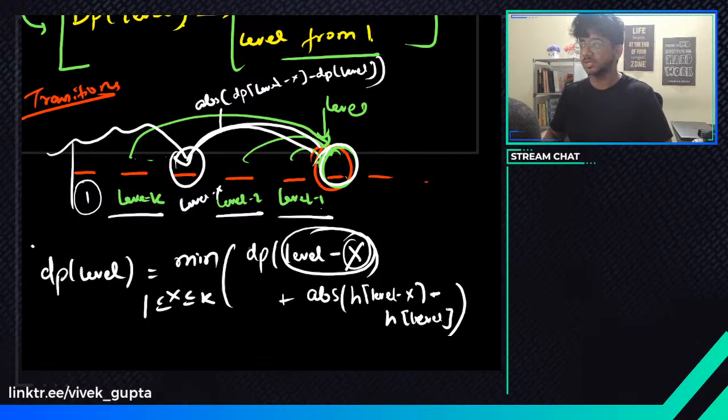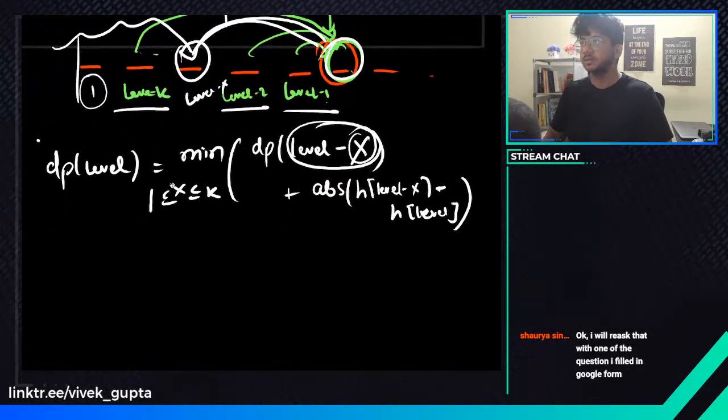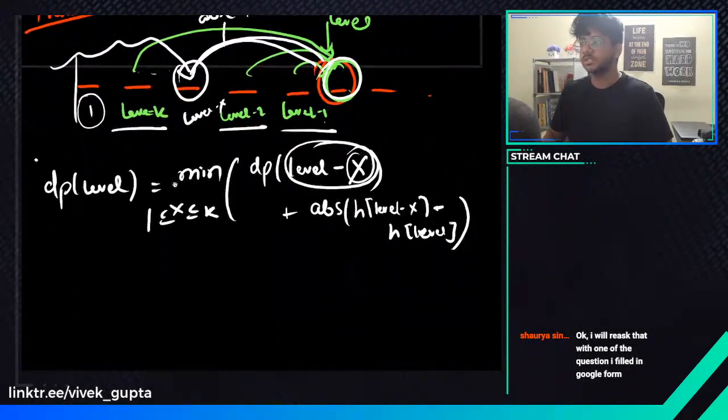Okay, so in that case you can loop over the previous states which are of the same parity, or of a different parity than level. Okay, so in that case you can go in an O(n) transition, but we can solve this in another way as well, right? I mean, for now this is the problem. Exactly. Okay, so this is the transition.